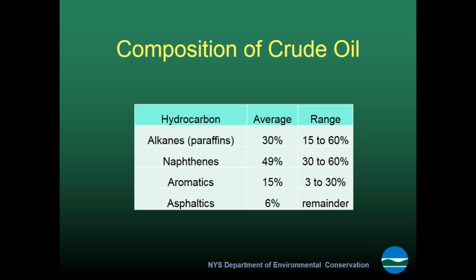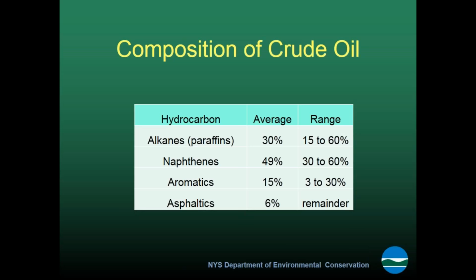Aromatics, 3 to 30%. That's a tenfold difference within that range. And that's the asphaltics, the things that you would use for the number 6 fuel oil or the road asphalt, probably no more than 6%.